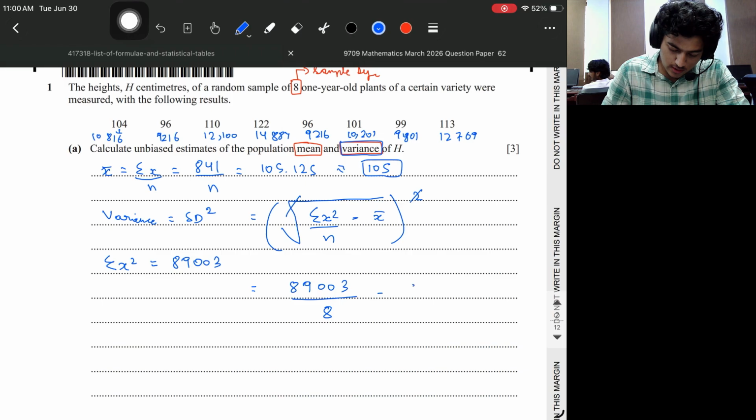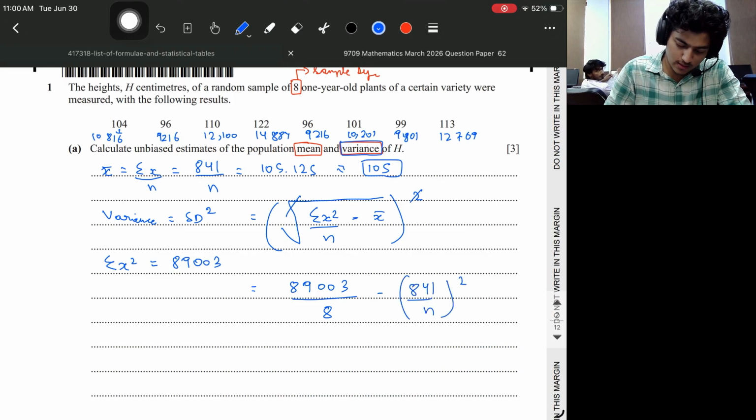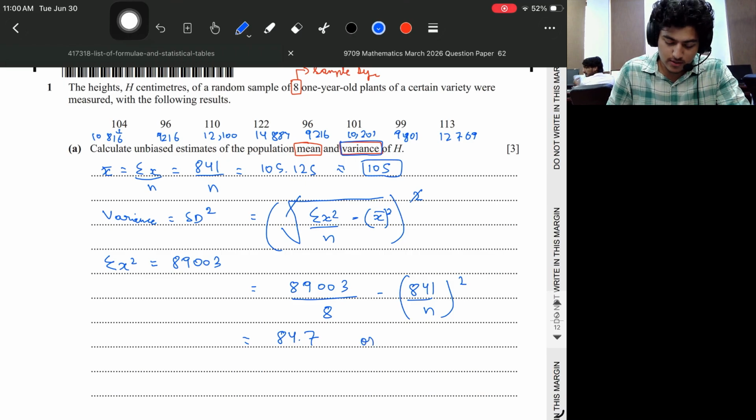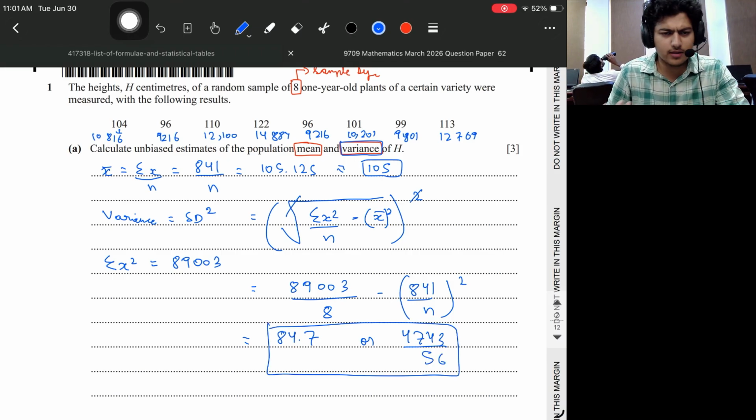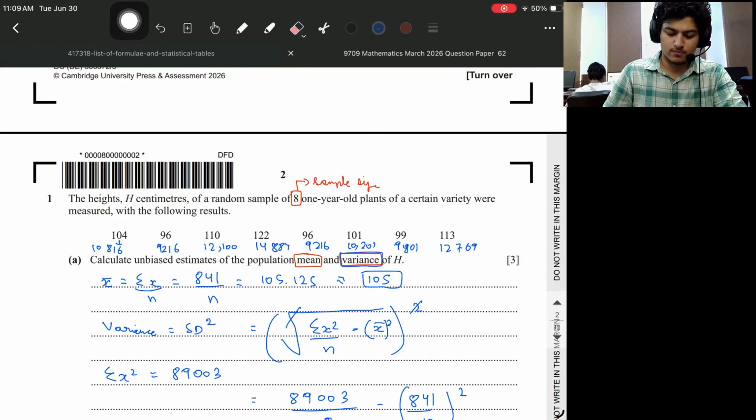You plug this into the calculator, and we'll get 84.7, or we'll get the fraction 4743 upon 56. All right, either is the final answer.